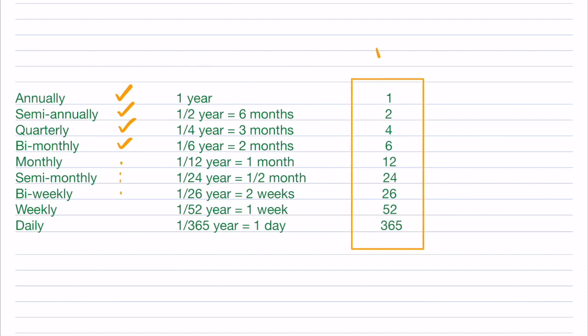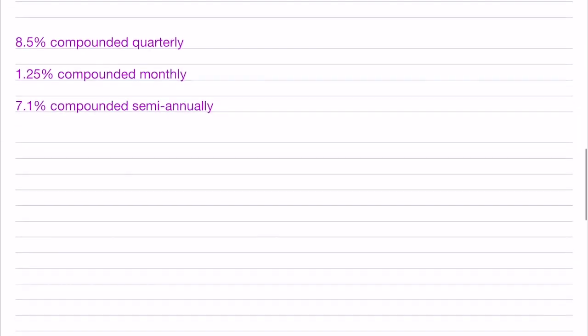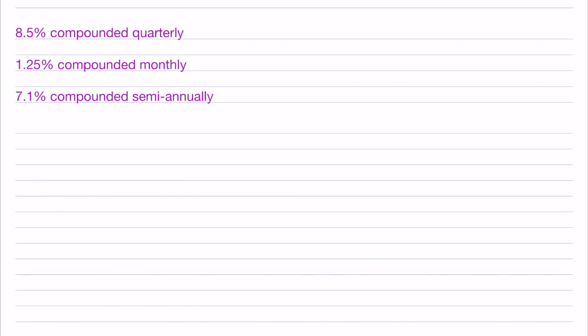And that, in lesson 2, I referred to as M, which was the number of terms that you would be compounding in 1 year. Now, if you take these 3 examples, let's say 8.5% compounded quarterly and the other 2, we can gauge just from this information all that we need to know.